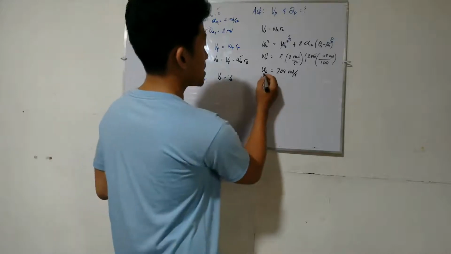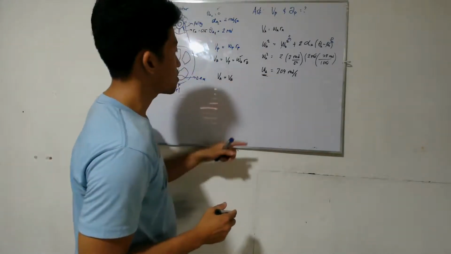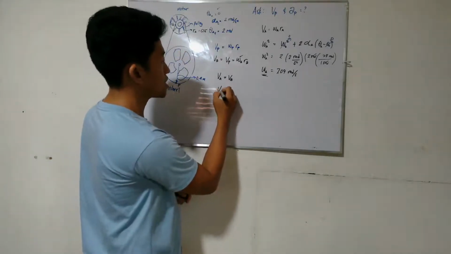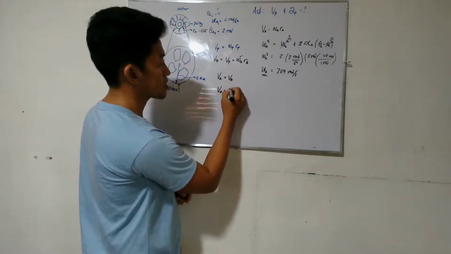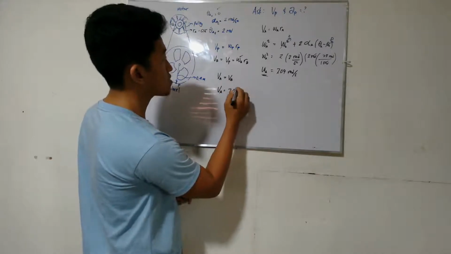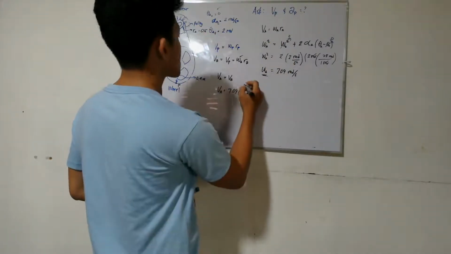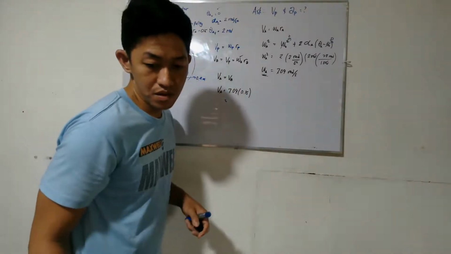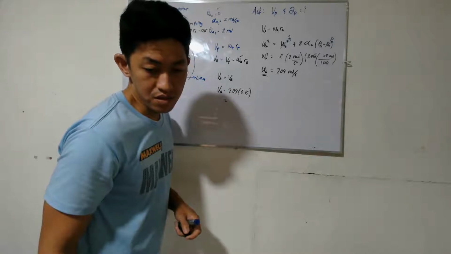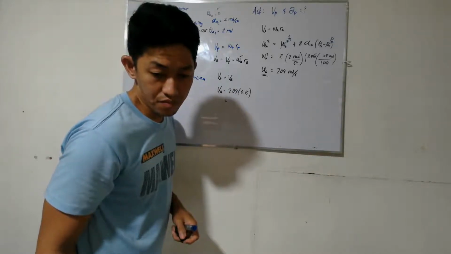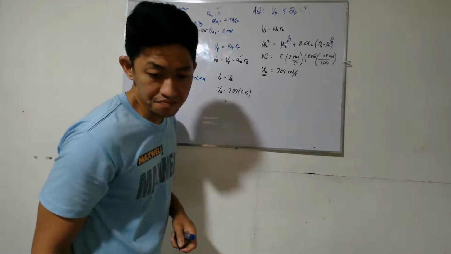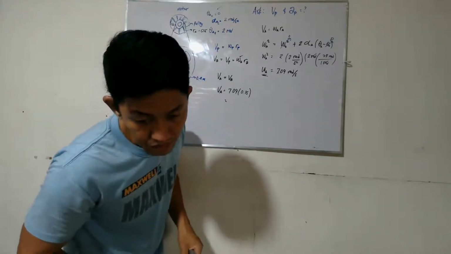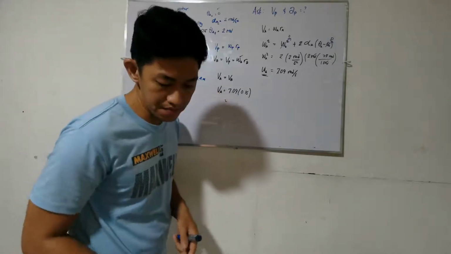So we now have omega A, so we can get the velocity at point A. Velocity at point A is 7.09 times RA. RA is 0.15. So the velocity of A will be 1.06, right?